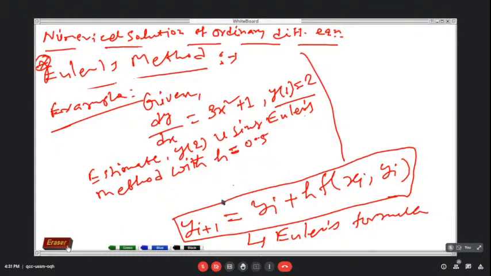Let's say this h is given, right? So now, how to solve this?